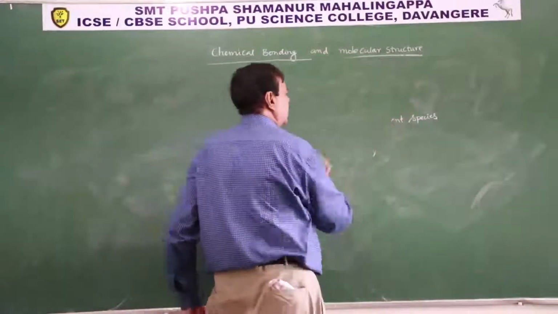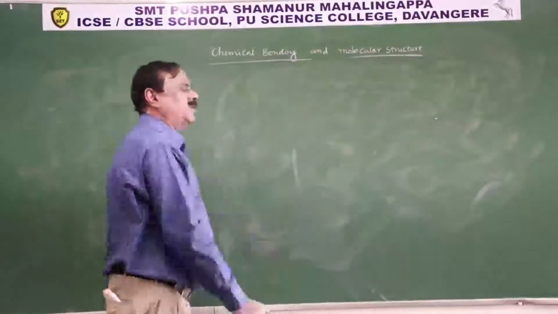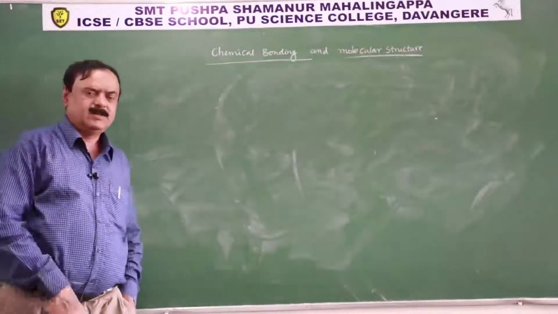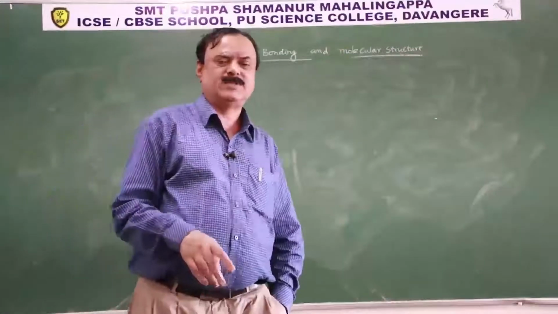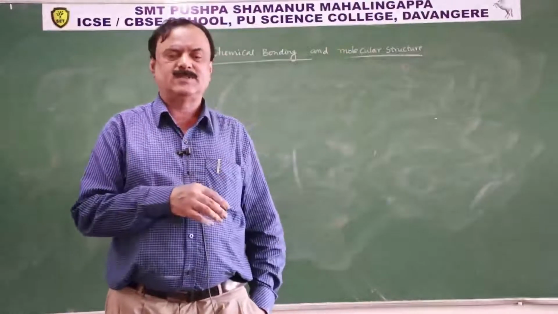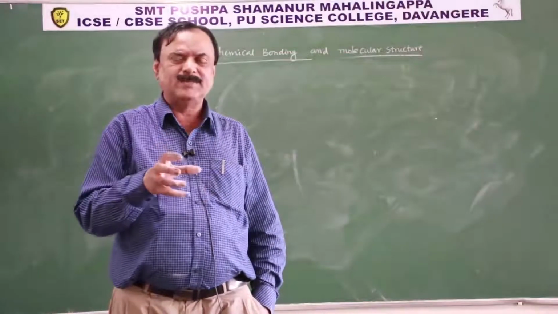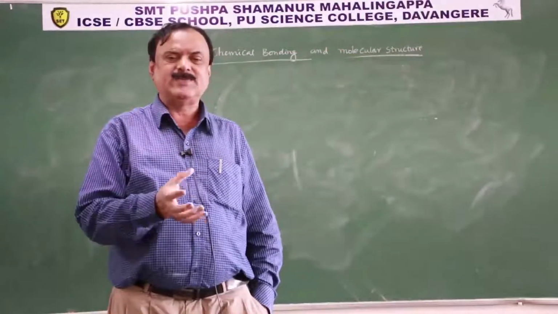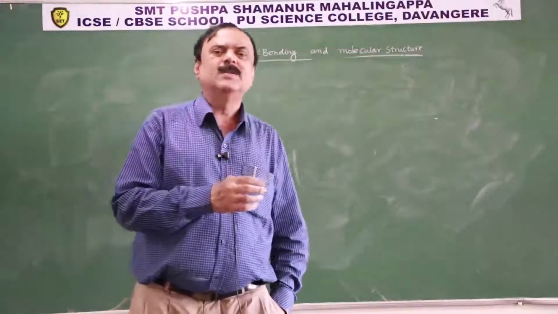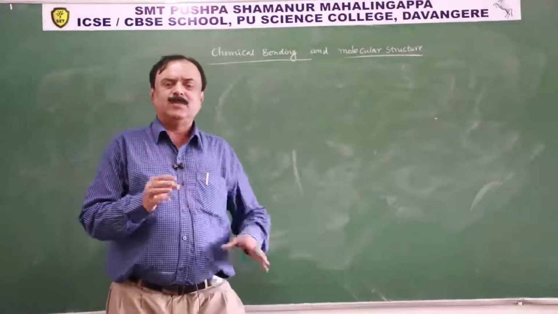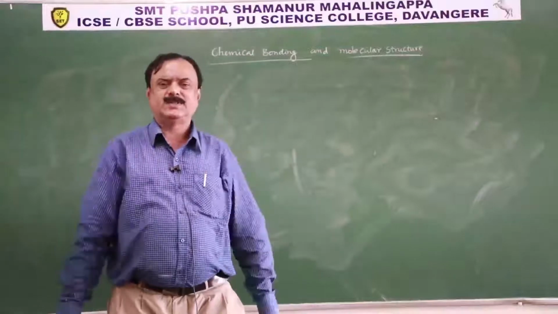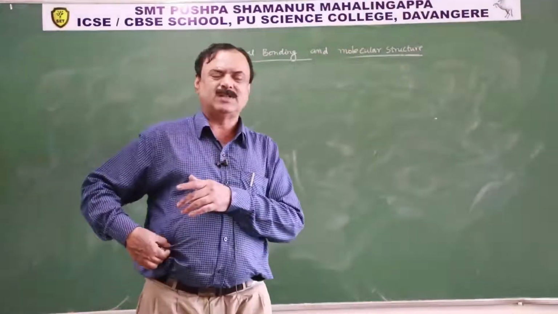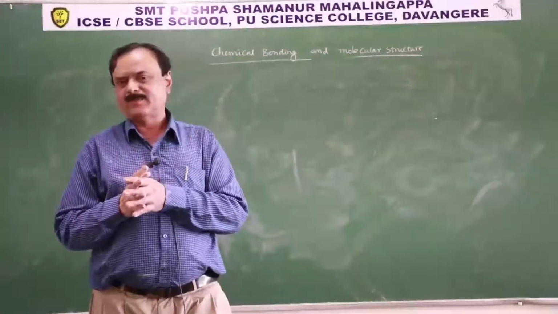What do you mean by chemical bond? A chemical bond is a type of attractive force or repulsive force that holds the atoms together in the molecule of a substance. When two or more atoms or clusters of atoms combine, they lead to the formation of molecules. Therefore, a bond is an attractive force between the atoms, though not necessarily only attractive, as there is also repulsive force between the atoms.